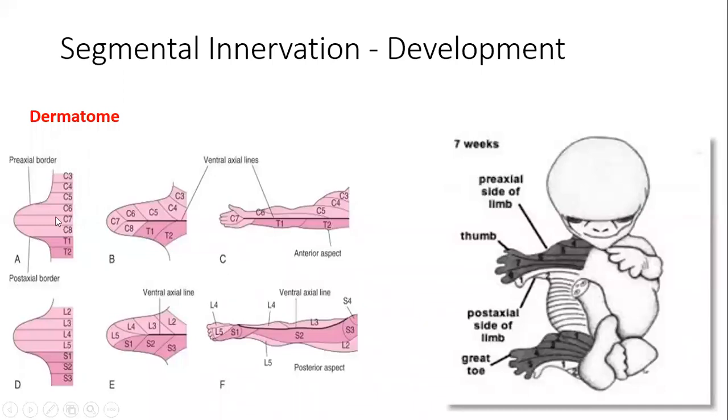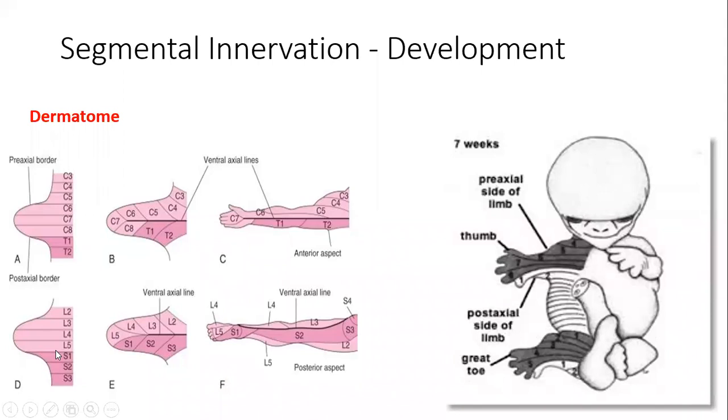Limb buds for both upper limb and lower limb, in the beginning of their development, are first directed forwards and laterally from the body of the embryo, so that each bud has a cranial border called the preaxial border and a lower border which is called the postaxial border.